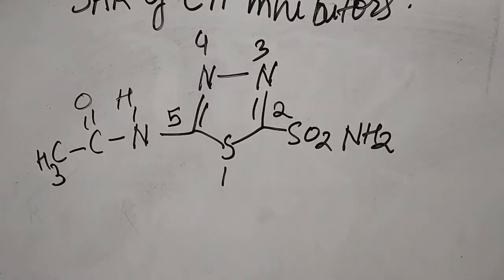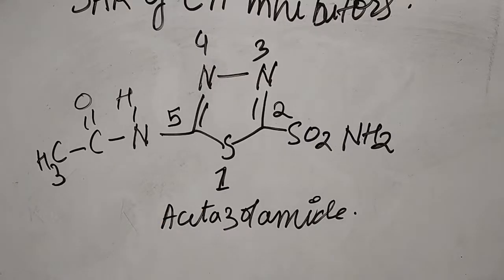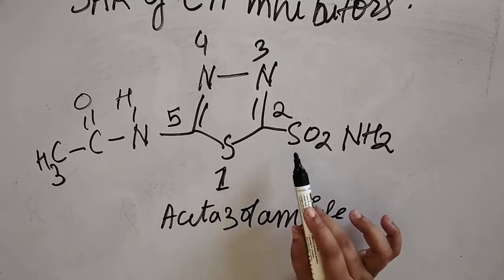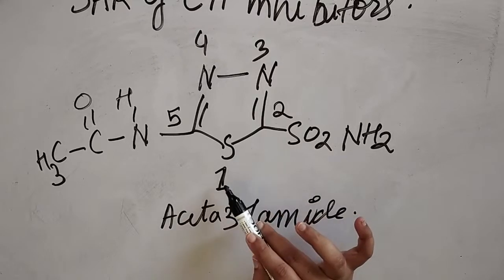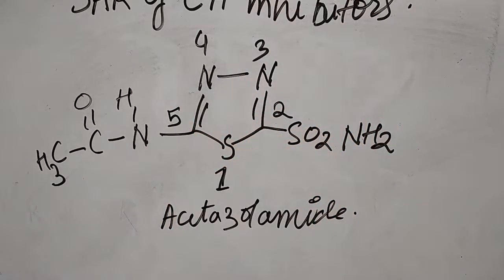So this is the SAR for carbonic anhydrase inhibitors, and here you can see the structure of acetazolamide. Now we have assigned positions to the various functional groups: 1, 2, 3, 4 and 5. So a total of 5 sites are there where we can modify this structure.